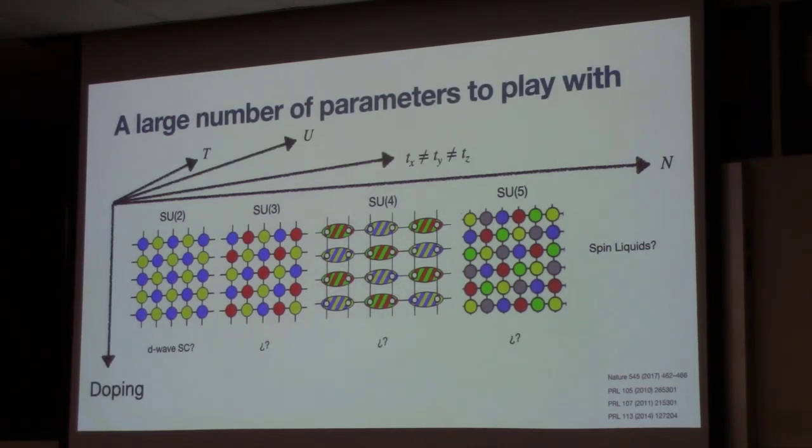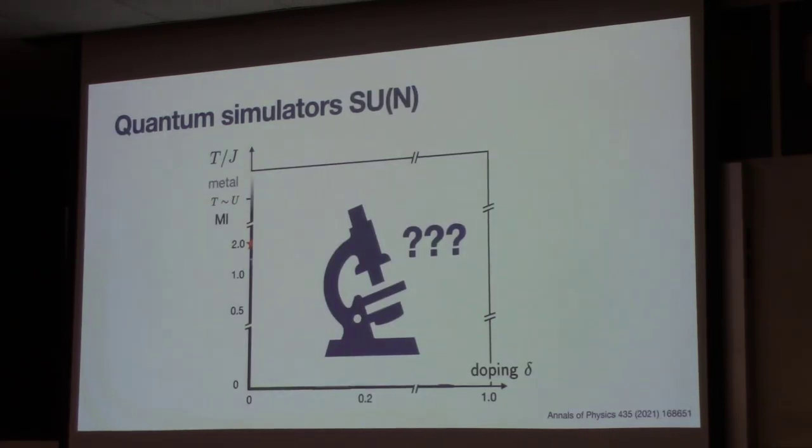And the thing is, we're not limited just to changing N, but we can introduce some anisotropy, we can change the interactions, we can introduce doping into the system. And for SU(2), we sort of know what to expect. It has been studied very thoroughly, but we do not know what to expect, for example, when we go to larger values of N. So this is where we jump in with the quantum simulators, and what we're trying to do is a similar mapping of what the phase diagram should be.